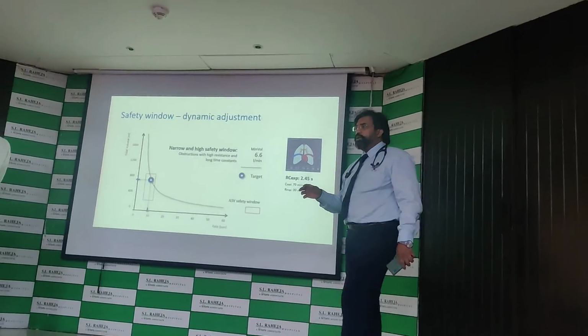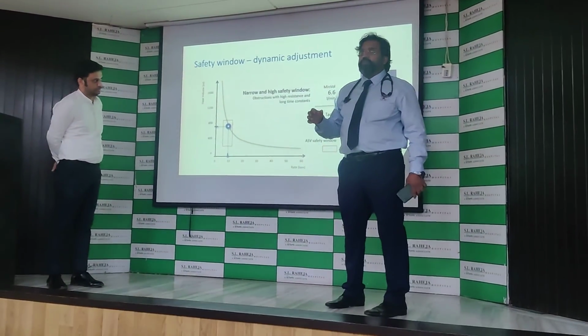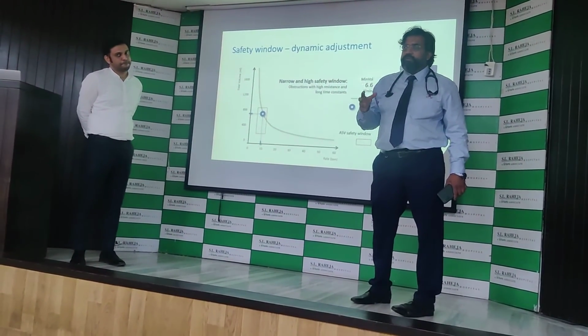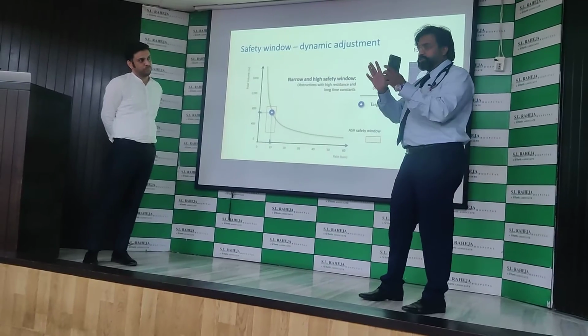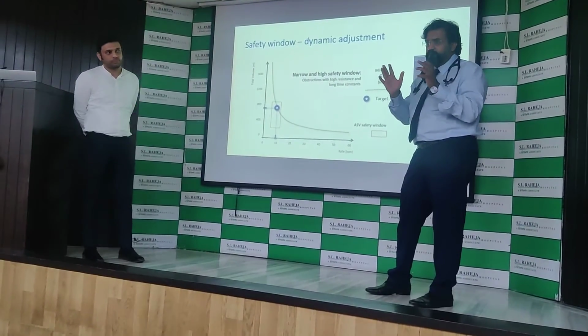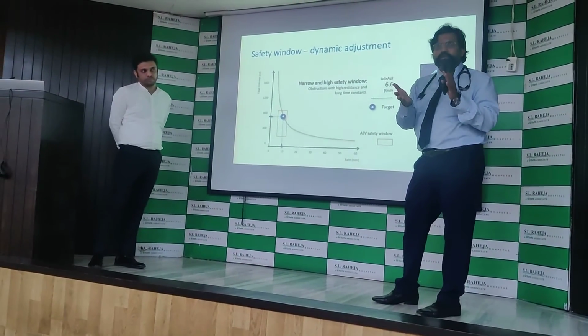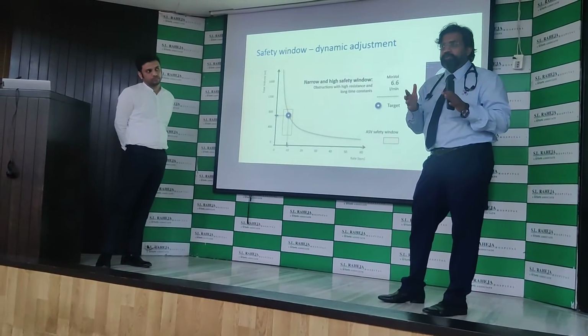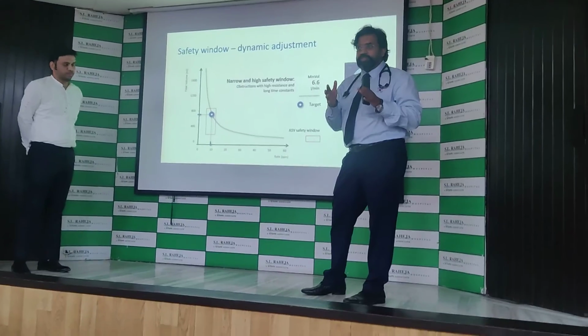Let me give you an example. You have a patient who has come in and you put 130% minute ventilation. Because you set 130% minute ventilation, it made a box that the patient should stay in. Now this patient starts developing auto-PEEP.